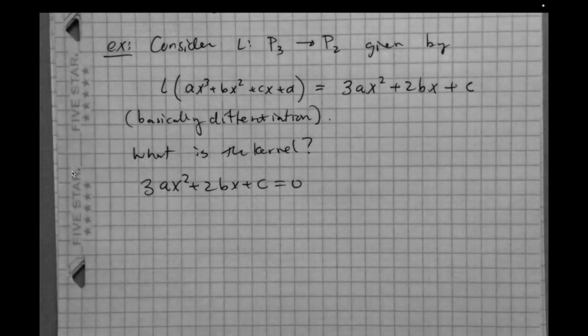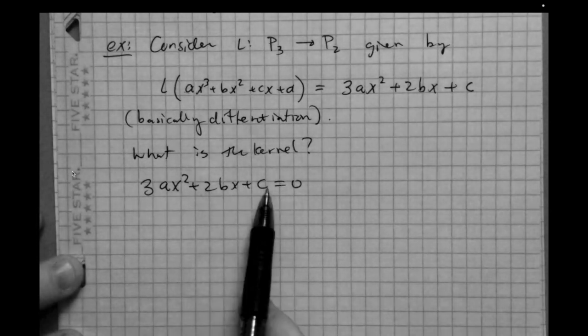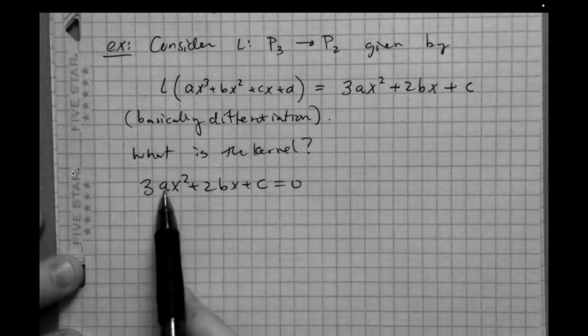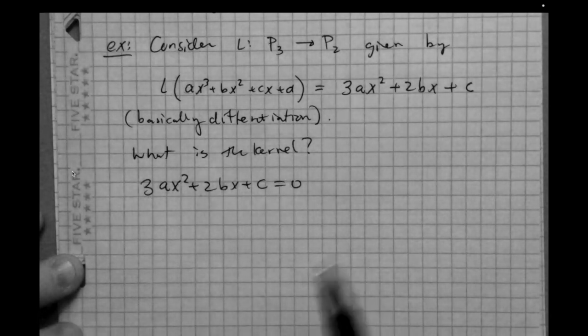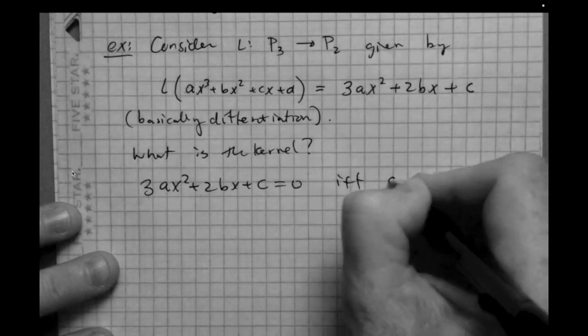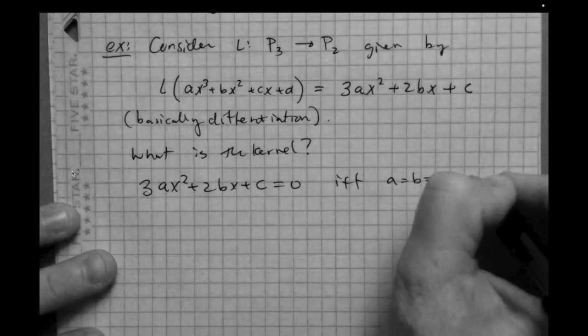When is that going to happen in the case of a polynomial? Looking at this, a, b, and c are 0. This is 3, this is 2. The only time you're going to get a 0 on this term is if a is 0, and the same for the others as well. So if and only if a equals b equals c equals 0.